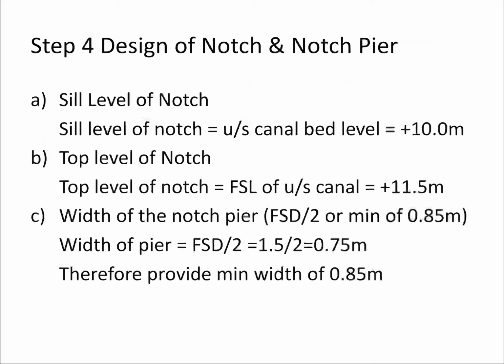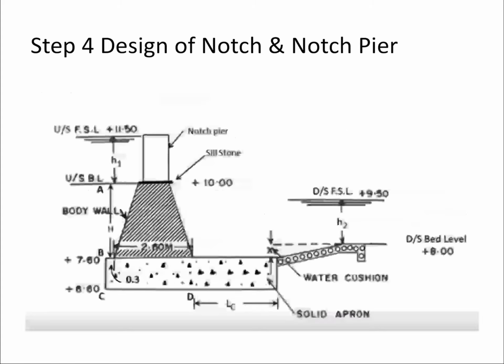Then width of the notch pier is taken as FSD by 2 or minimum of 0.85 meter. So FSD is given as 1.5 meter by 2 will be 0.75 meter, which is less than 0.85. So we should provide minimum width of 0.85 meter. Okay. So this is the notch pier. This width is 0.85.